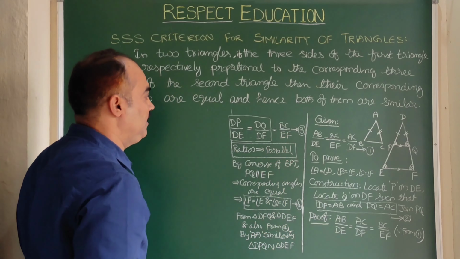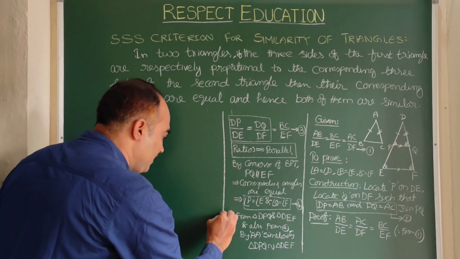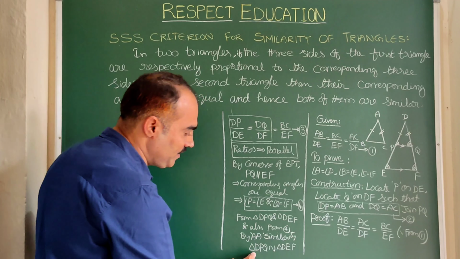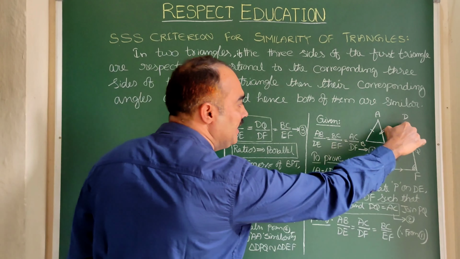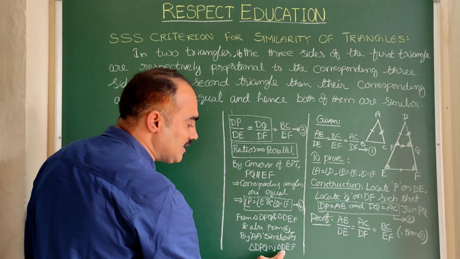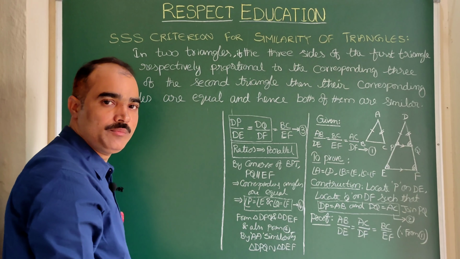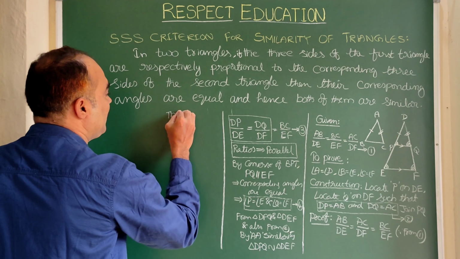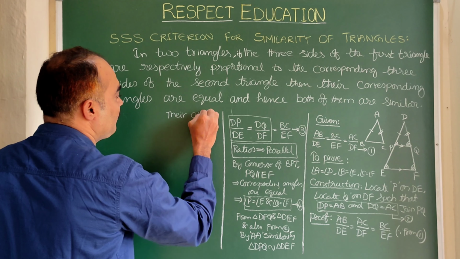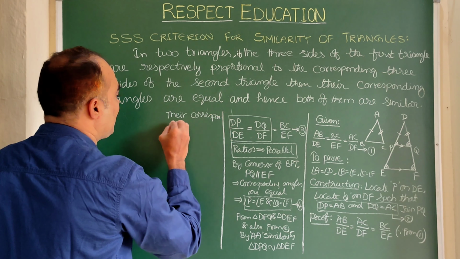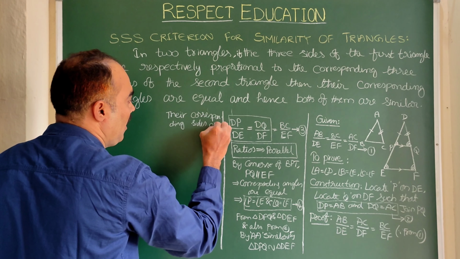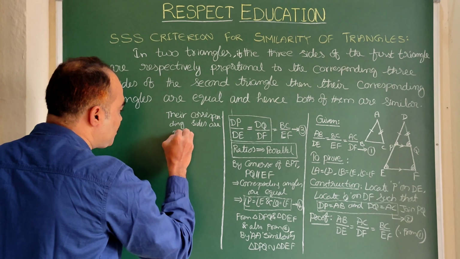Now let us see. When triangle DPQ is similar to triangle DEF, then their corresponding sides are proportional.